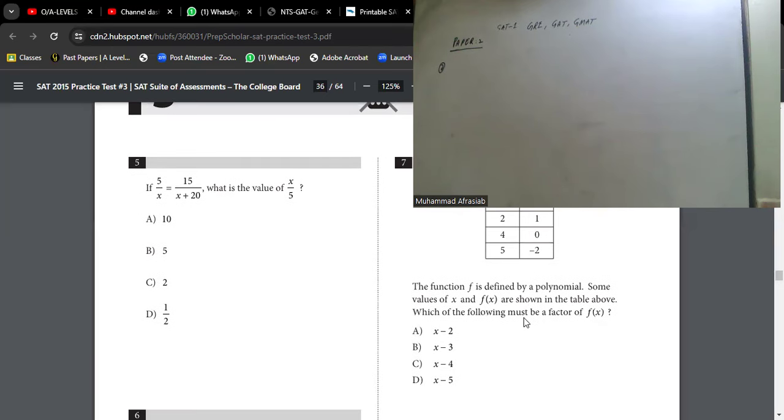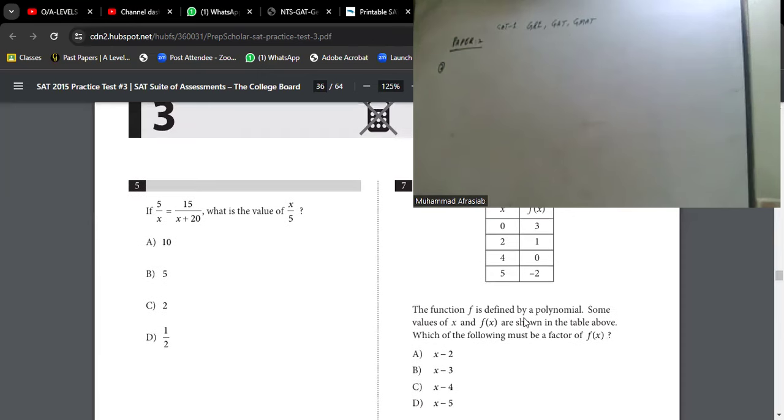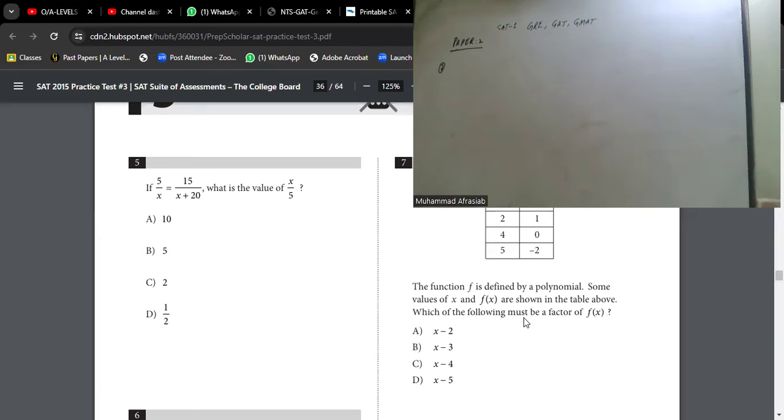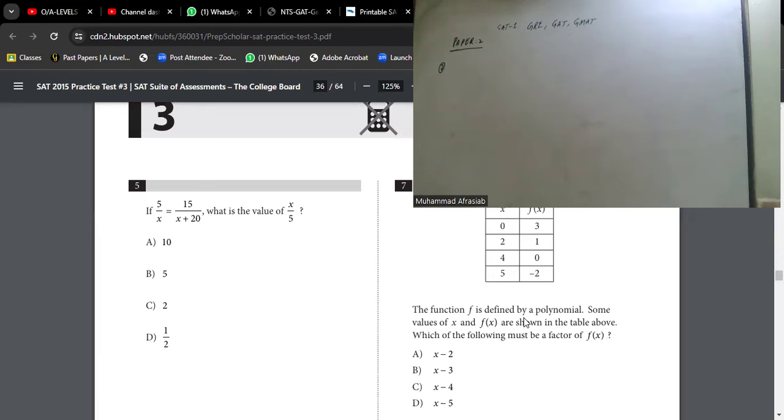So if x minus 2 is a factor, then x value will be 2. But the value of f of x should be 0, but it is 1. It is not true there.